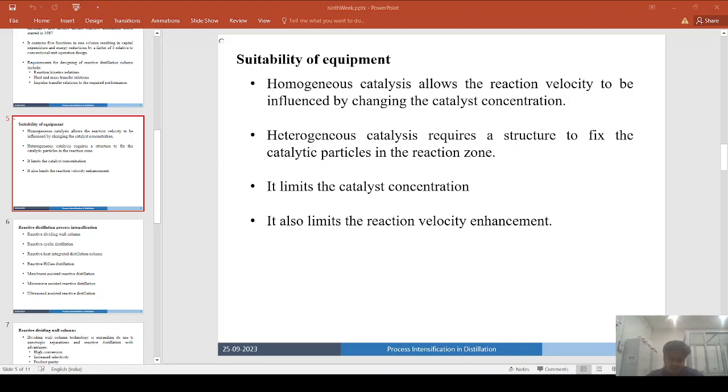Similarly, you can look at a column and reactor system setup with a pump around, or you can opt for an evaporator and reactor with a pump around. This is how you can perform process intensification to intensify the distillation operation for heterogeneous catalysis systems.